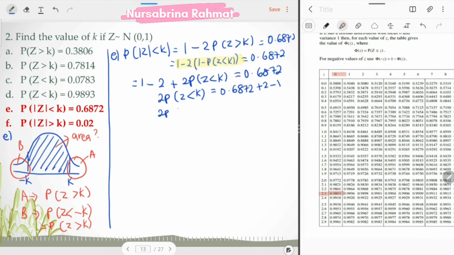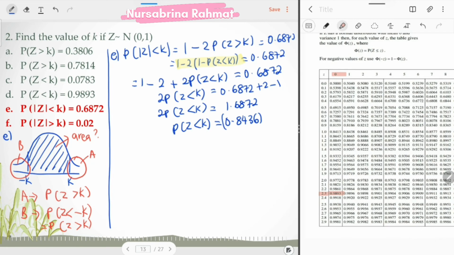So 2P(z < k) equals 1.6872, and P(z < k) is 1.6872 divided by 2, which equals 0.8436. Okay, so that is the probability value.